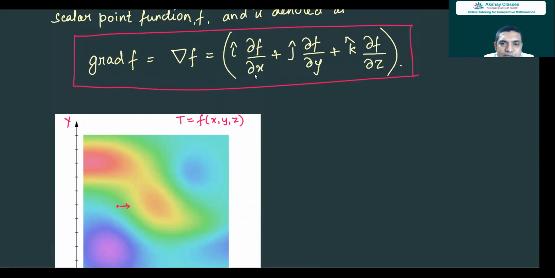That is dou F by dou x, which tells us how the temperature at this point is changing if I move in the x direction. Now, from this point, if I move in the y direction, how does my temperature change? That is dou F by dou y.